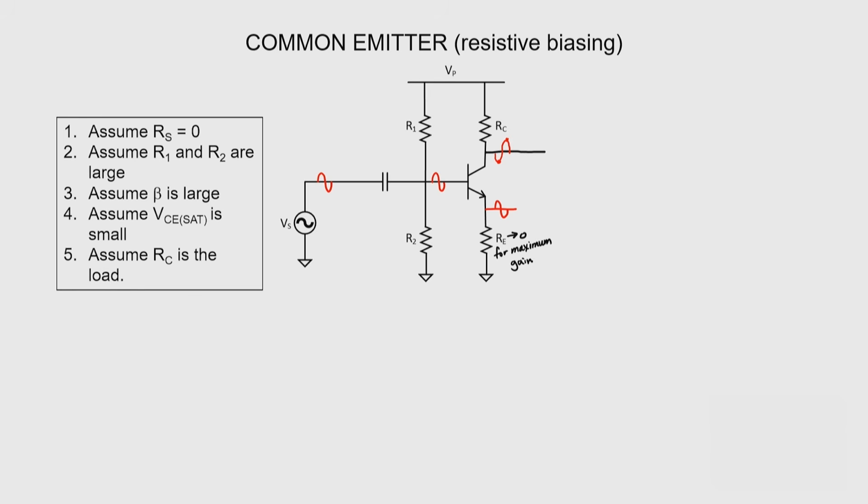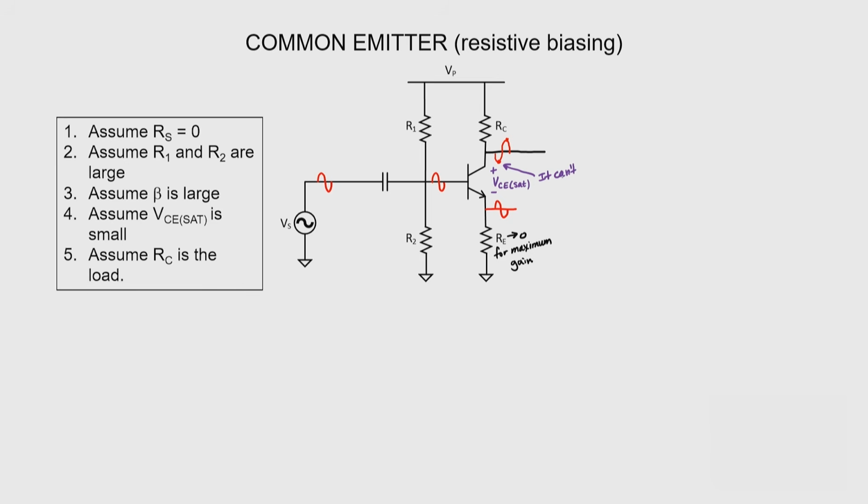Just like before, I'm going to be interested in knowing what the maximum possible efficiency is, and the maximum efficiency will occur when the output voltage has the highest amplitude. If our emitter is grounded, then it's not going to be able to drop below VCE sat because I need at least that VCE sat on the transistor to keep the transistor from saturating.